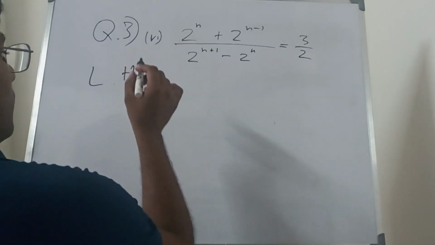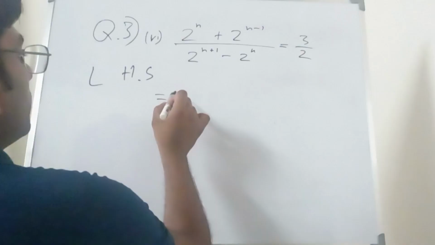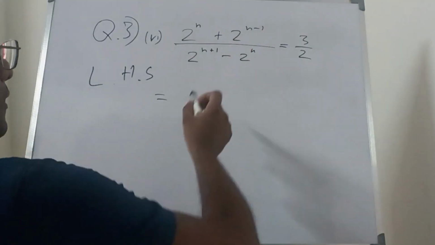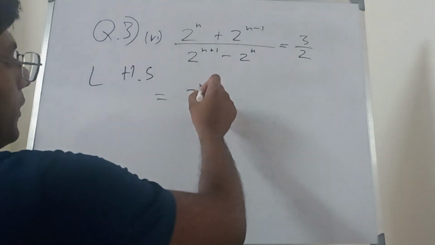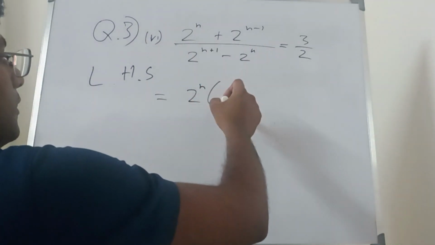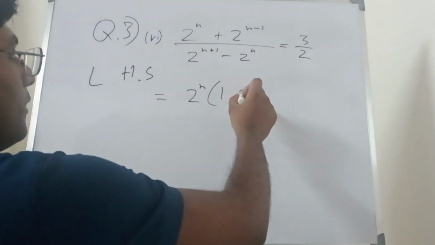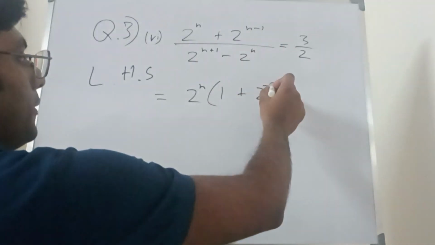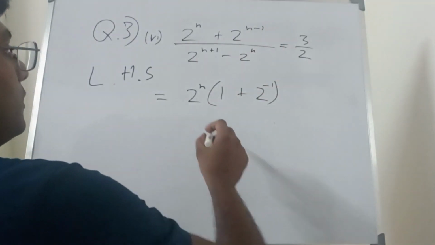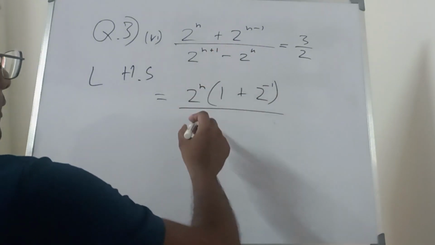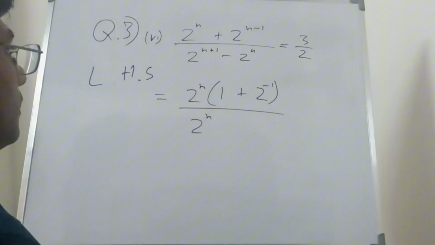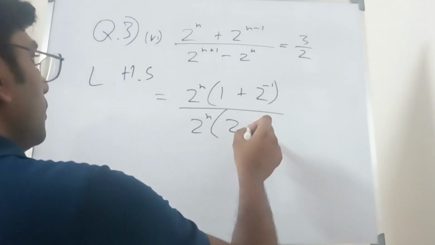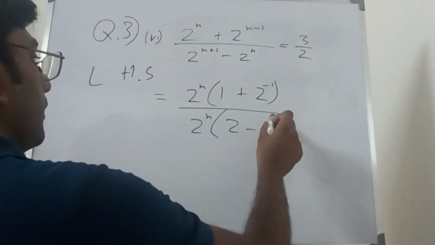Let's start solving this question. So over here, if I take 2 to the power n common, so what I left is 1 plus this 2 raised to the power minus 1, I have written as this only, divided by, again if I take 2 to the power n common, over here the 2 and minus 1.